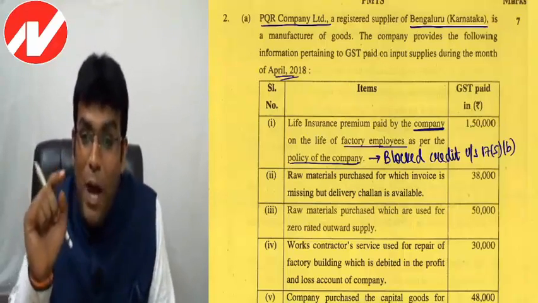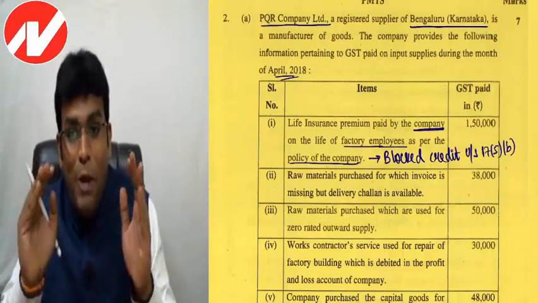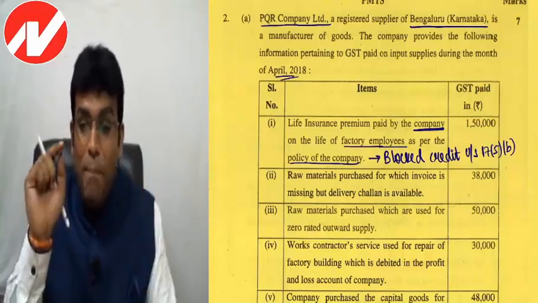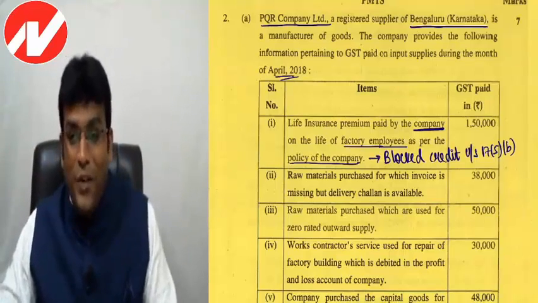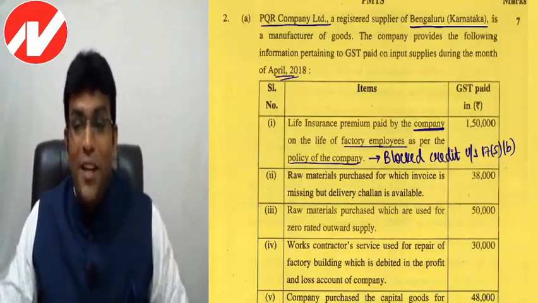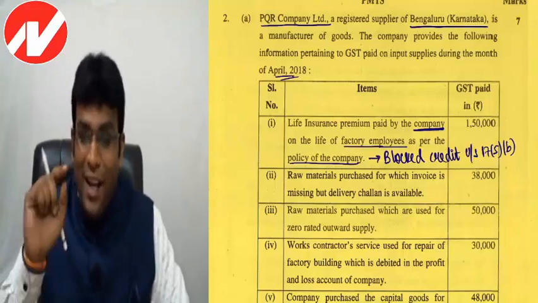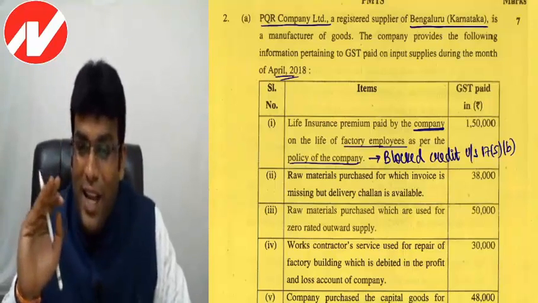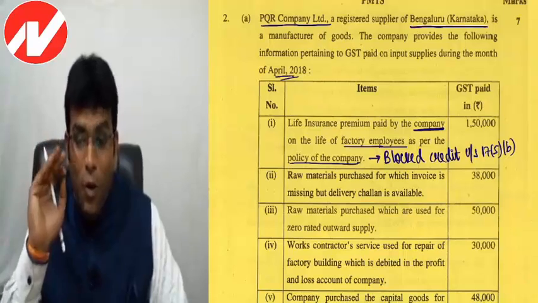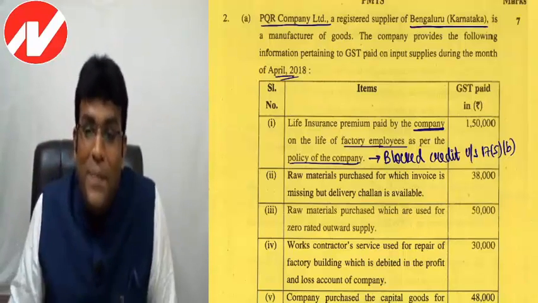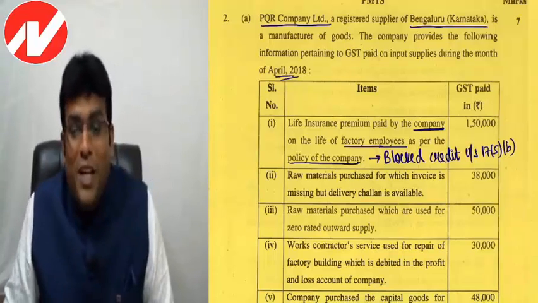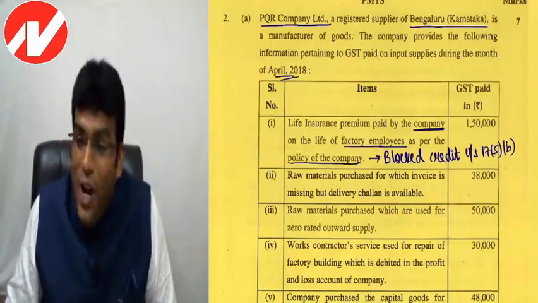However, if the employer has taken that as a part of statutory obligation, then credit will be allowed. Here in the question, they did not tell it is a statutory obligation, but they only told it is being taken as per policy of the company. If it is as per policy of the company, then input tax credit is not allowed, friends.